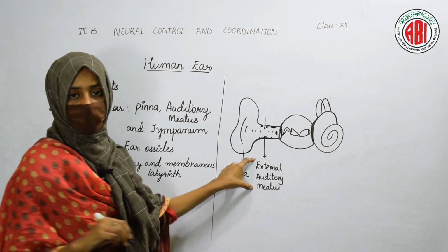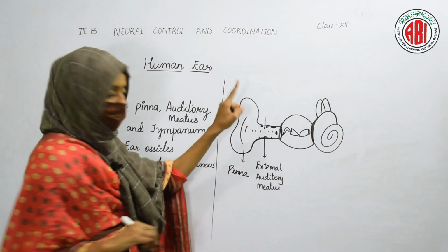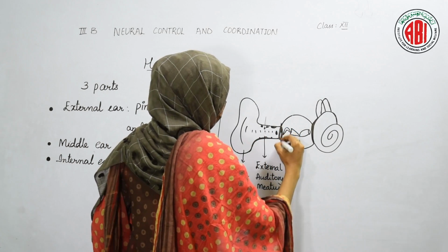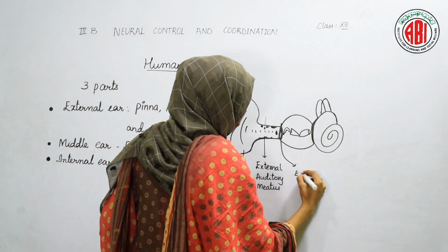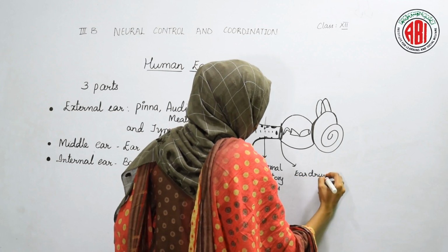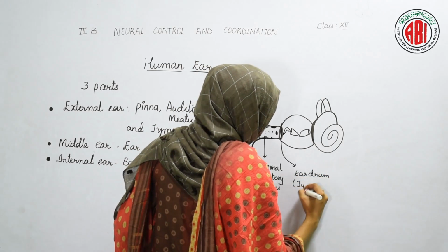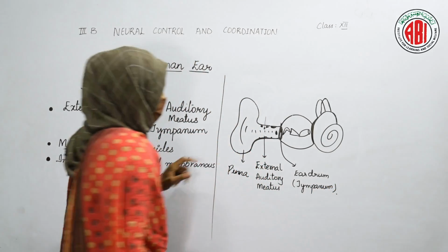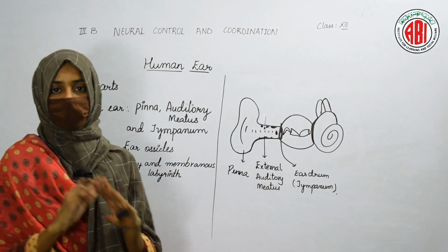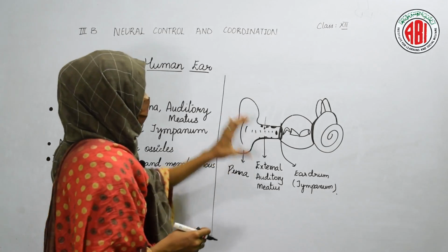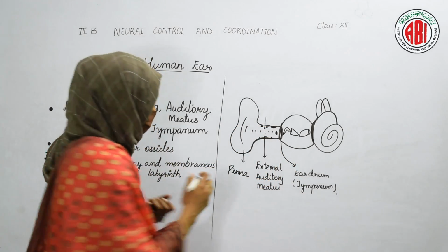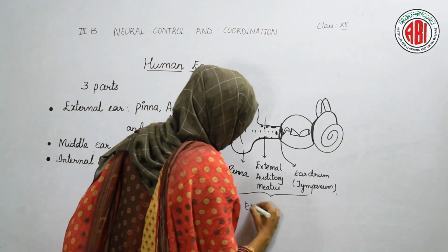After the external auditory meatus, one structure is present like this, and it is termed the eardrum. Eardrum can also be named tympanum. So in this way, three parts form our external ear: pinna, external auditory meatus, and eardrum, also called tympanum. This is our external ear.